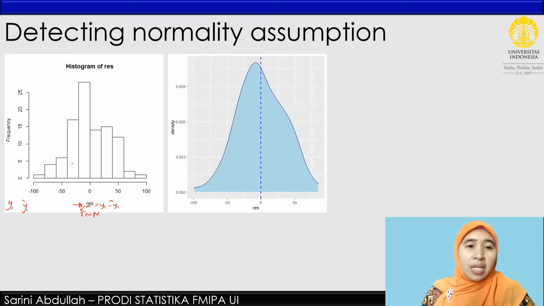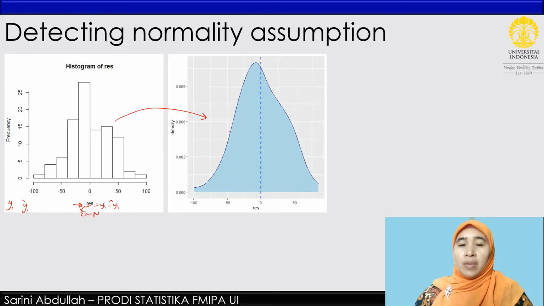The other way of checking the normality assumption is, in addition to the histogram, we can also plot the density of the residuals. This is the plot of the residuals that we have in the histogram on the left.